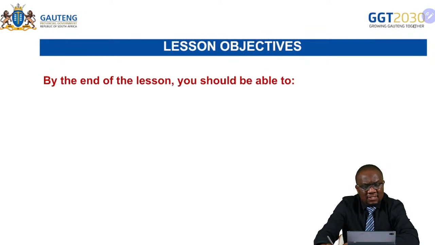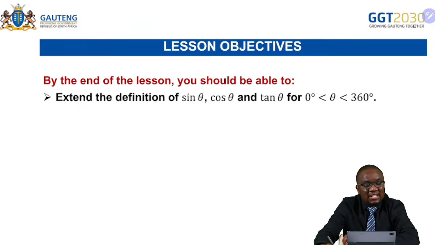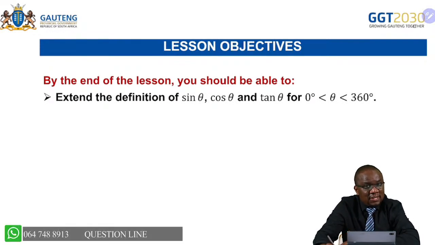Okay? Should we start? We're going to start our lesson. Right, now, let's start. By the end of this lesson, you should be able to do what? Which is very, very important. The aim of this lesson, you should be able to extend the definition. Remember, we defined the trigonometric ratios in the previous lesson. What did we say? Sine theta is equal to the opposite side divided by hypotenuse.